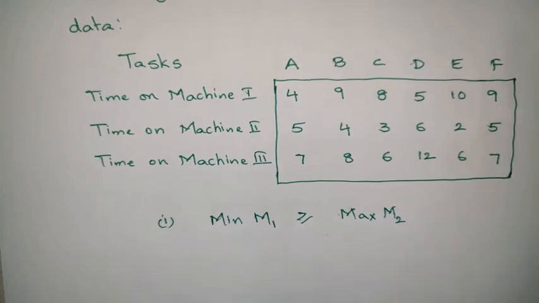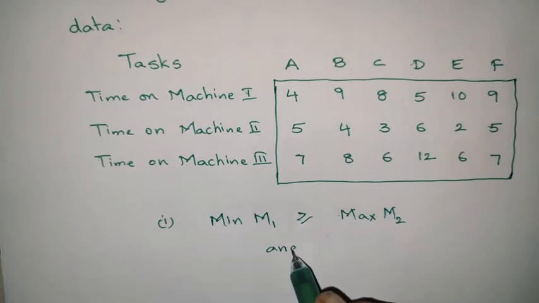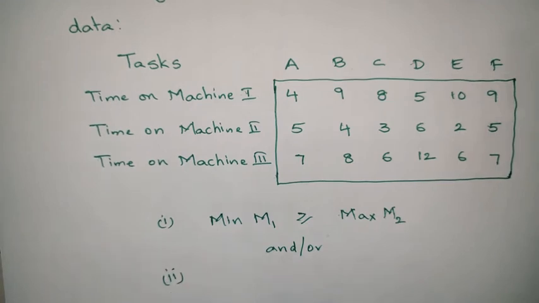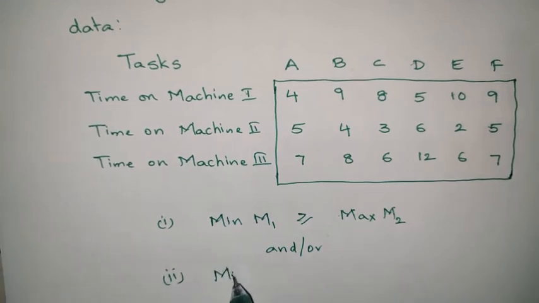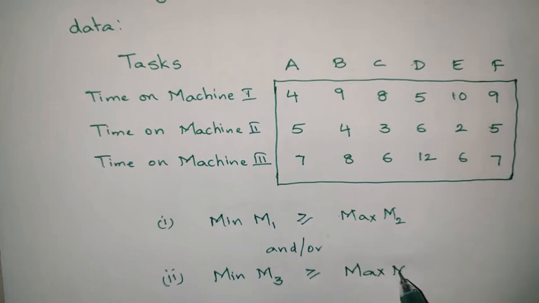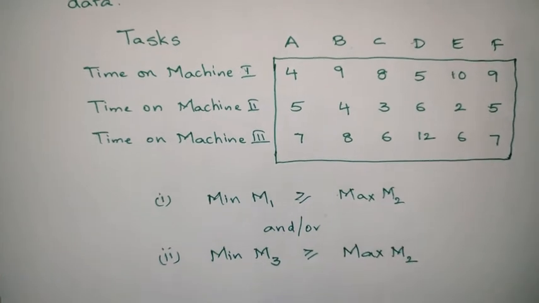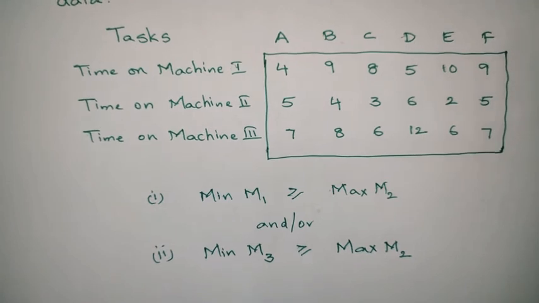This is the first condition, and/or the second condition: the minimum process time on machine 3 should be greater than or equal to the maximum process time on machine 2. The problem should satisfy either one of the 2 conditions or both. Then only can we proceed with the conversion of a 3 machines problem into a 2 machines problem.